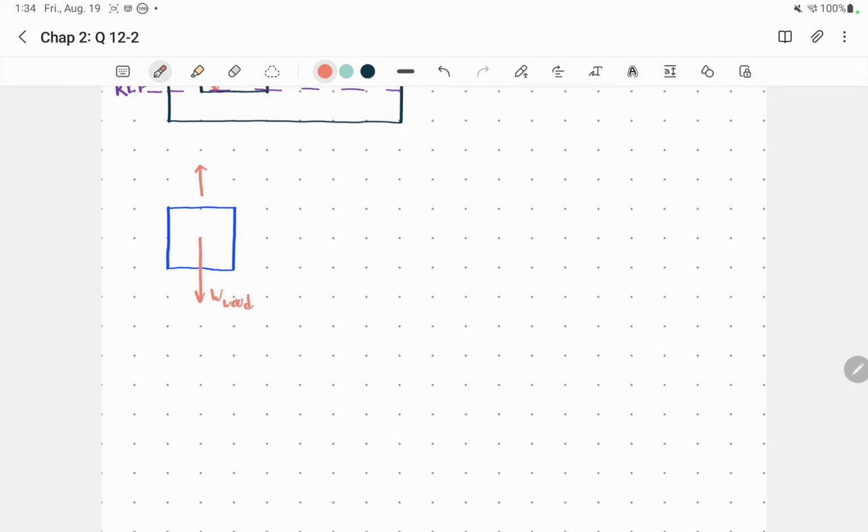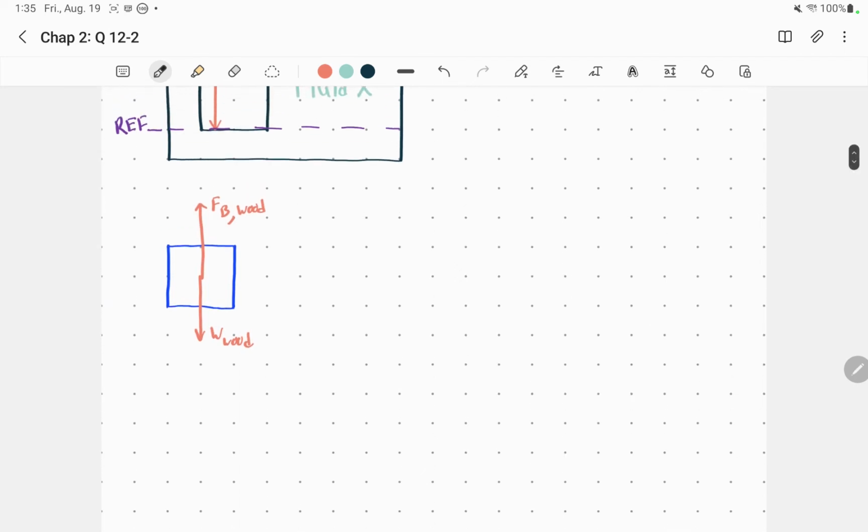And then because it's floating in a fluid, we also have the force of buoyancy, FB, of the wood. Because the block isn't moving up or down, we know that the forces balance out. So we can write another equation stating that FB wood equals W wood.